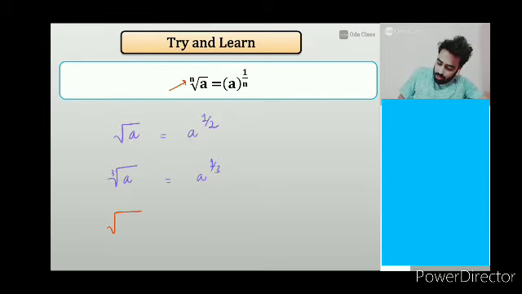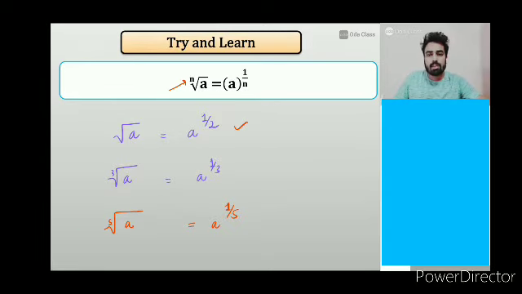If I want to find the fifth root of a, that value is a power 1 by 5. Both are the same thing. A power 1 by 2 means square root of a. A power 1 by 3 means cube root of a. A power 1 by 5 means fifth root of a. This is a very important part. Getting it?